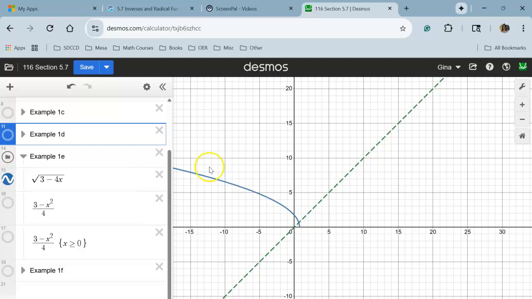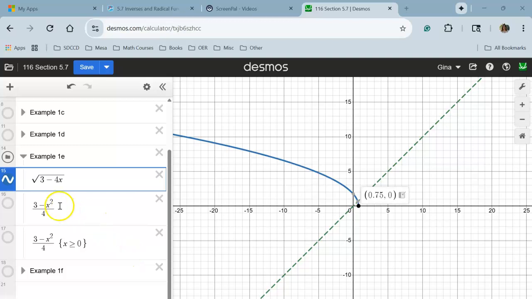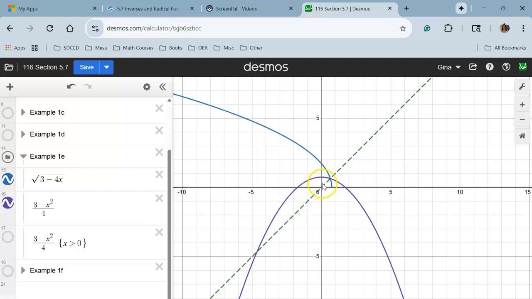So here's our original function, the square root of 3 minus 4x, and as you can see, the x-intercept is 3/4, and all of our x values are less than or equal to 3/4. The answer that we got for the inverse function looked like this, and you can see that it's a parabola, but it's got more space than the actual reflection.